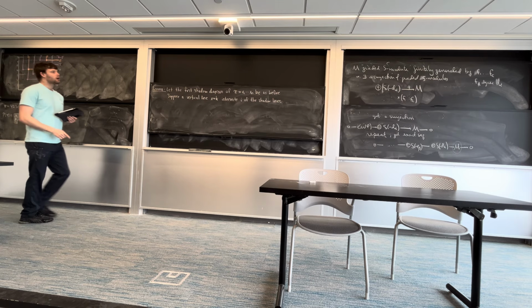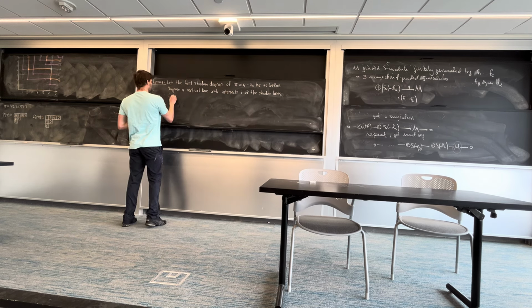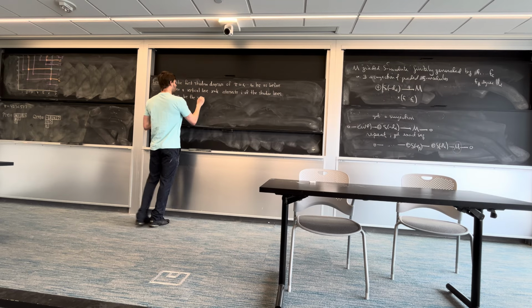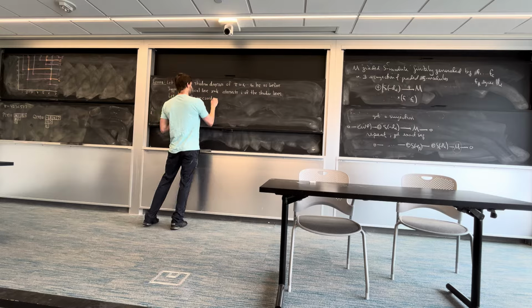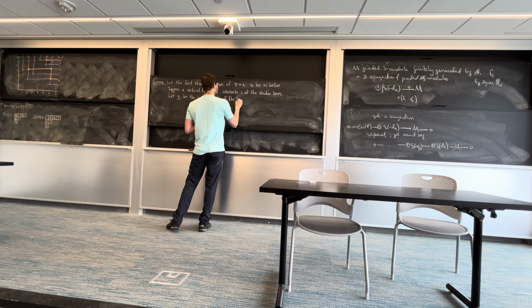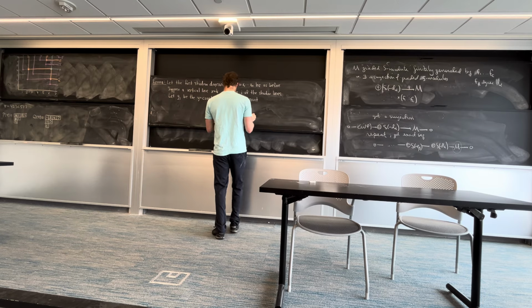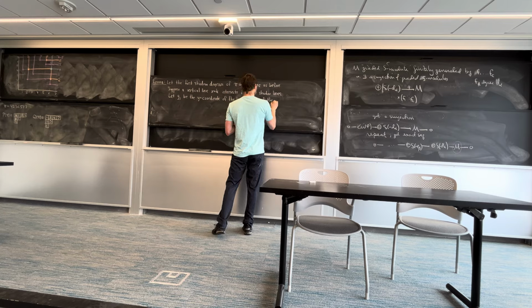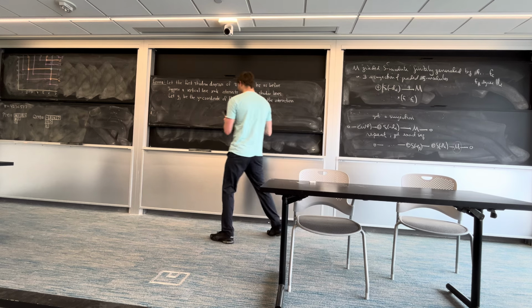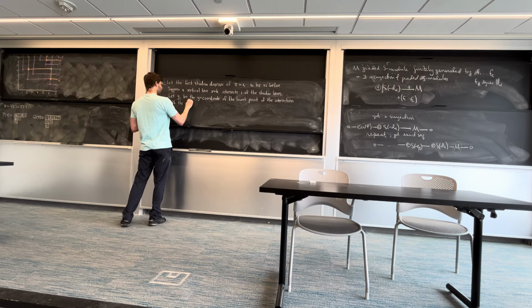So it intersects i of these shadow lines, and let y sub j be the y coordinate of the lowest point of the intersection with the jth shadow line.